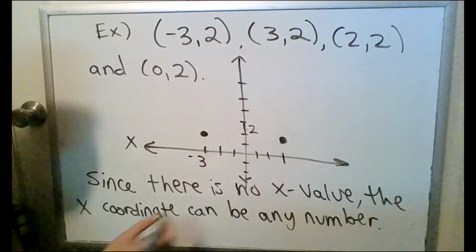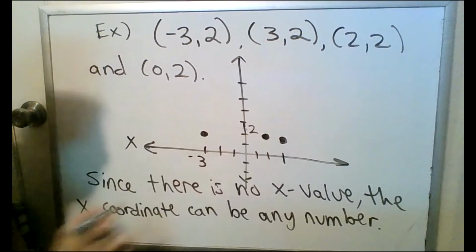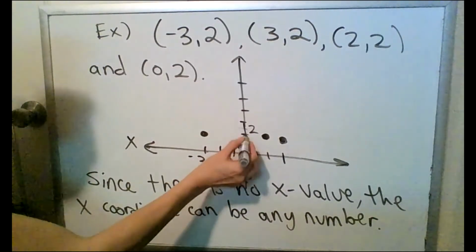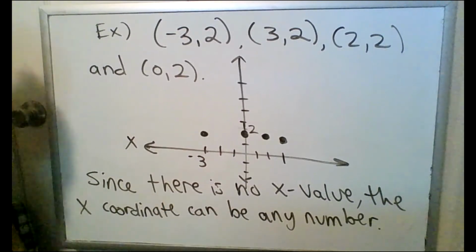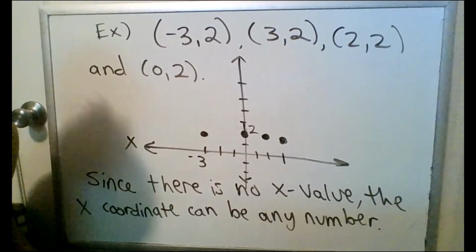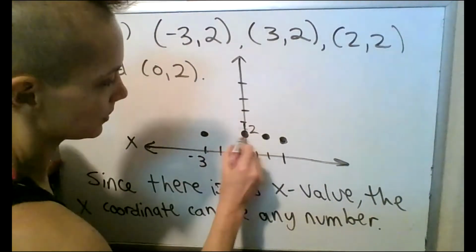And then 2, 2 will be here. And I did 0, 2. So our horizontal line connects those dots. And that's the line of y equals 2.